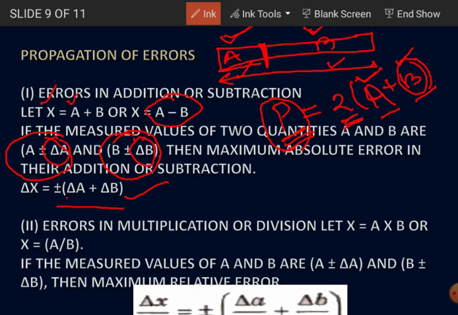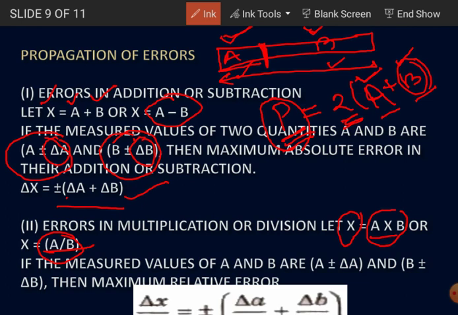But in the case of multiplication and division, it will not be the absolute error, rather it will be the relative error, whether it is multiplication or division. The error in the measurement of a physical quantity which is expressed either as a product or a quotient will always be the sum of the relative errors of those individual quantities.